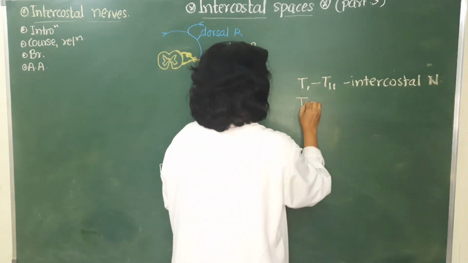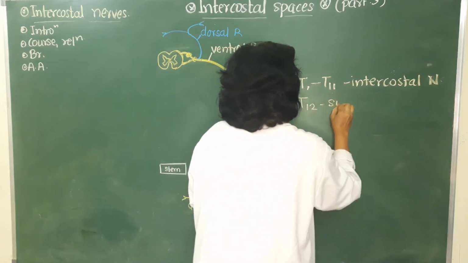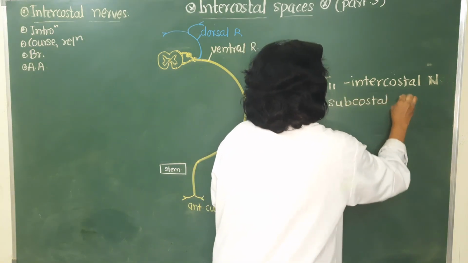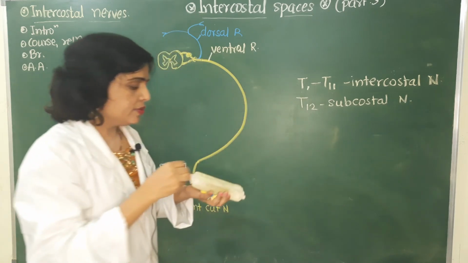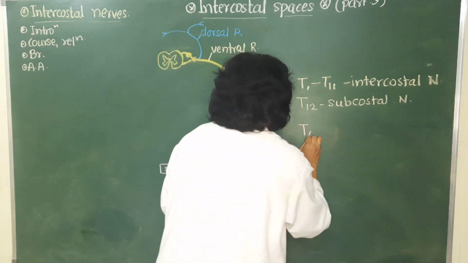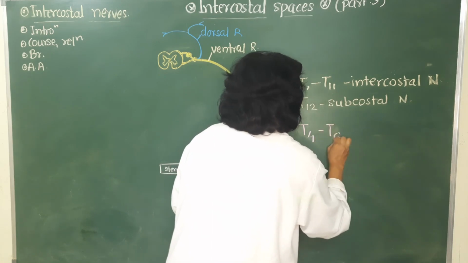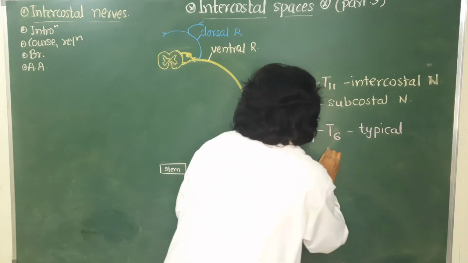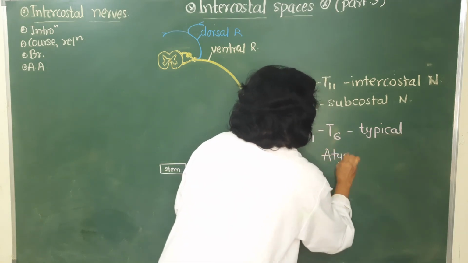T12 nerve is not intercostal but it passes below the last rib, so it is called the subcostal nerve. Out of T1 to T11, T4 to T6 nerves are called the typical intercostal nerves, and the remaining are called the atypical intercostal nerves.